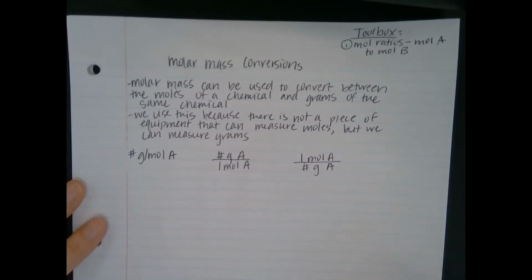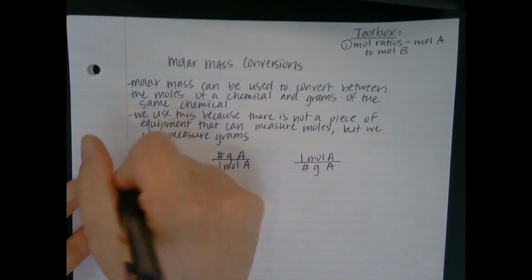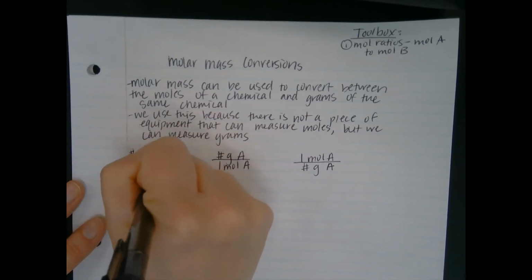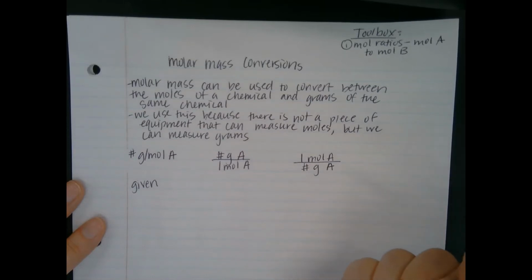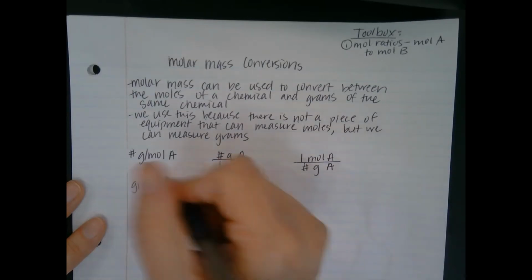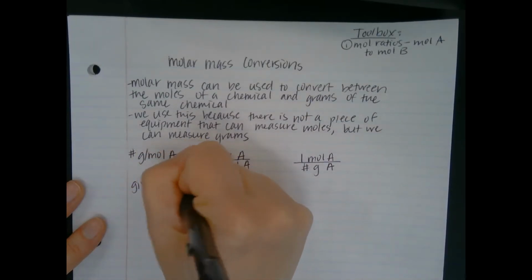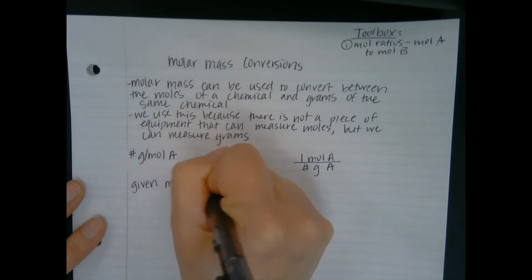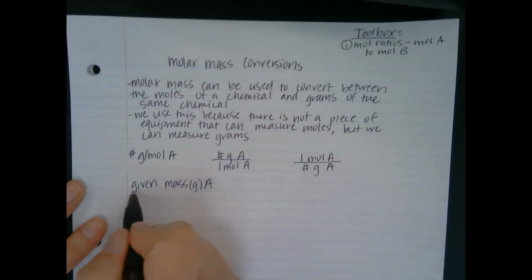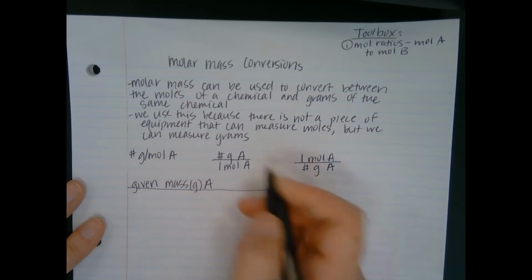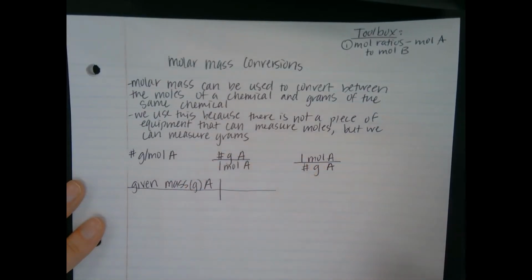So if I were to write out a general setup, let's say I'm given in a problem some mass in grams of a chemical, I can set up a train track the same way that I've been doing so far.